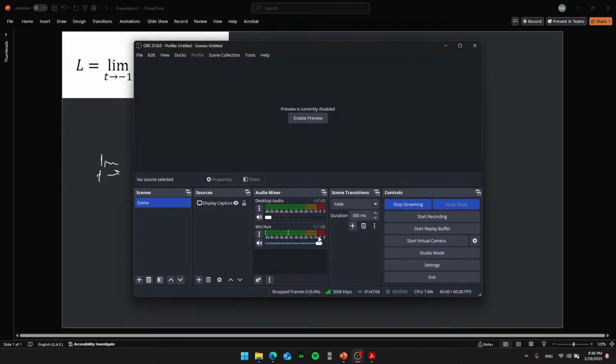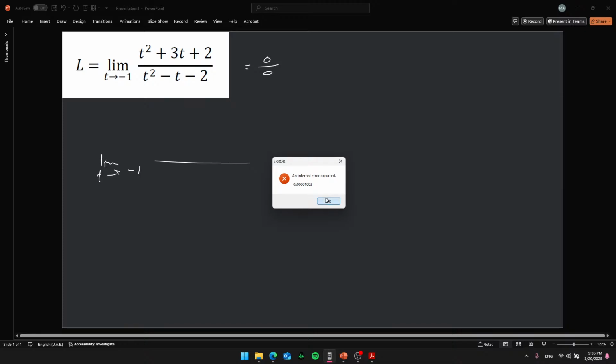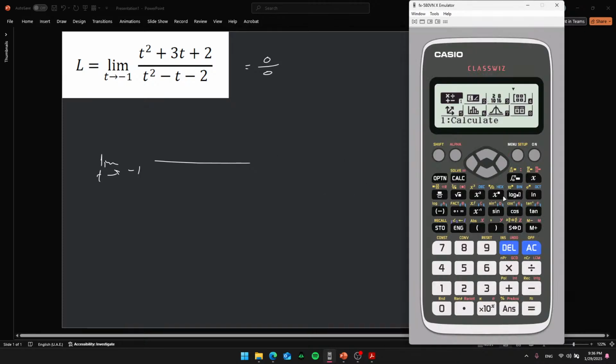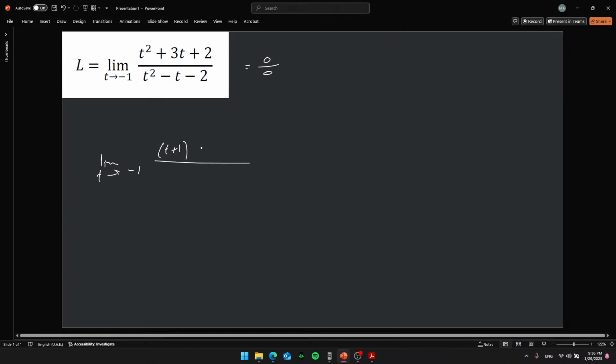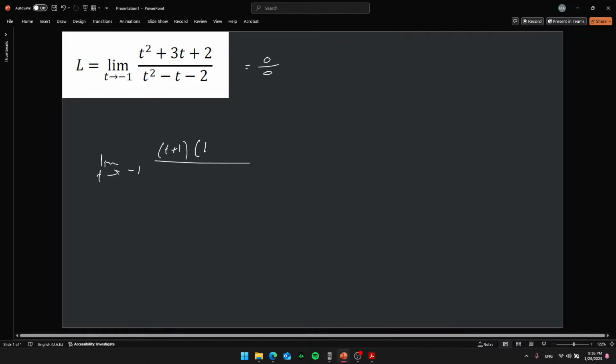Let's lower the microphone level a little bit. Negative 1. Then factor the numerator. T plus 1 and T plus 2.